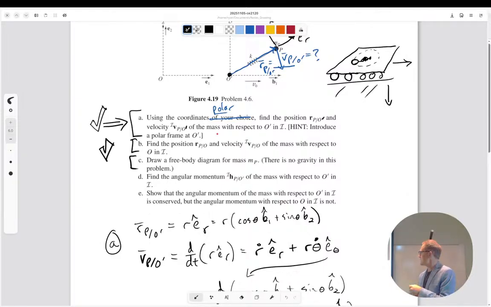Then based on that kinematics, position is our radius along one unit vector, and velocity is going to have 2 components, along e_r and e_theta. The last step we got to last time was a free body diagram, and that's our kinetics, describing what's causing motion. So the cause of motion and the actual description of motion, those are the 2 things that we've done.